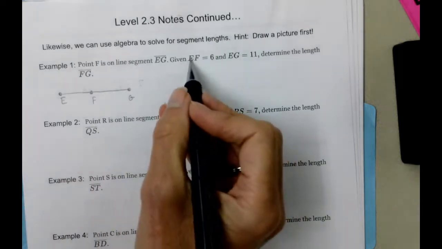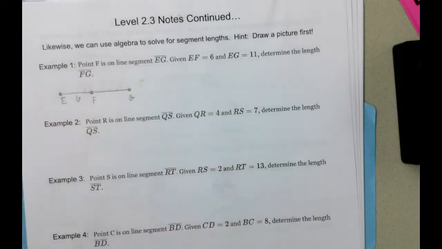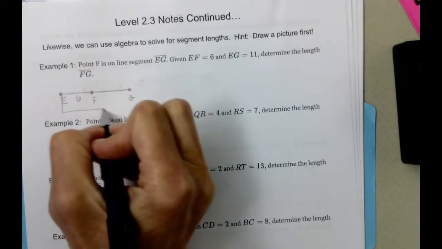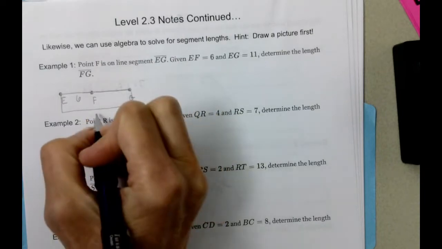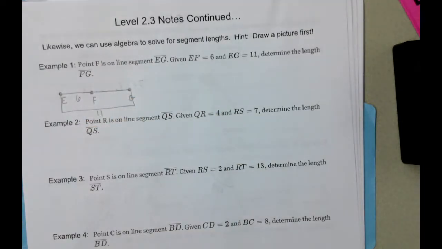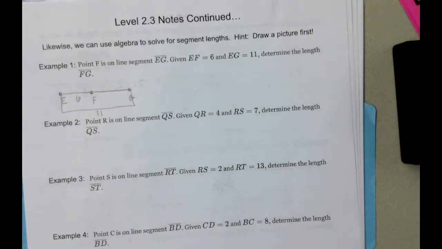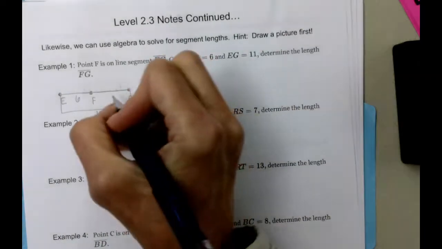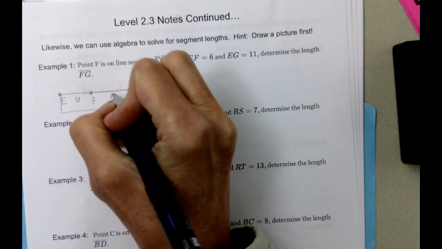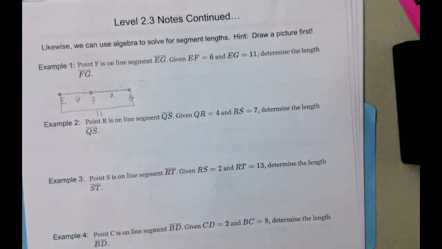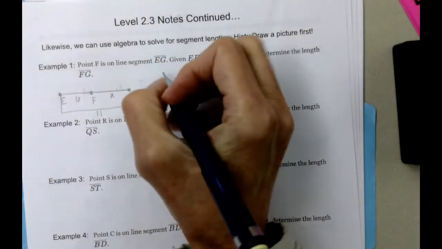It says EF is 6, and EG, this entire length, is 11, and we want to figure out, well, what is this length here? So what we can do, again, we can call this X if we use some algebra. You can use some common sense as well.